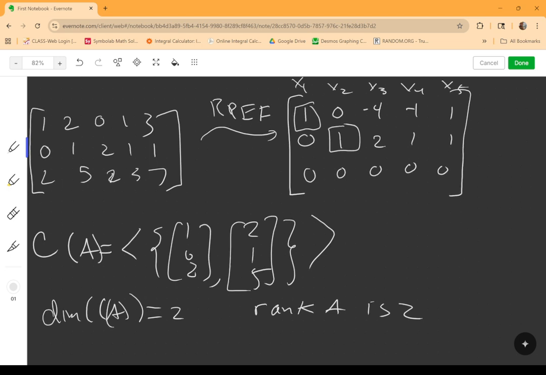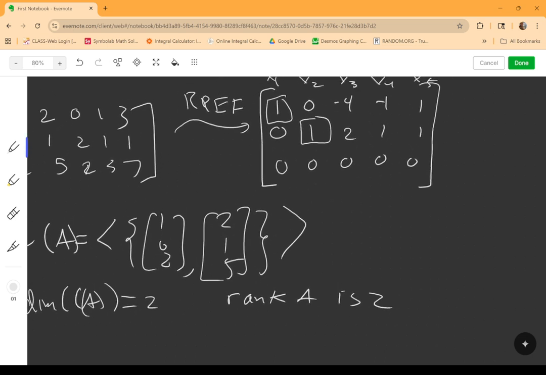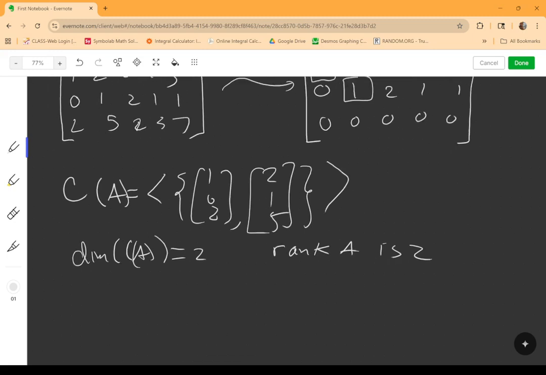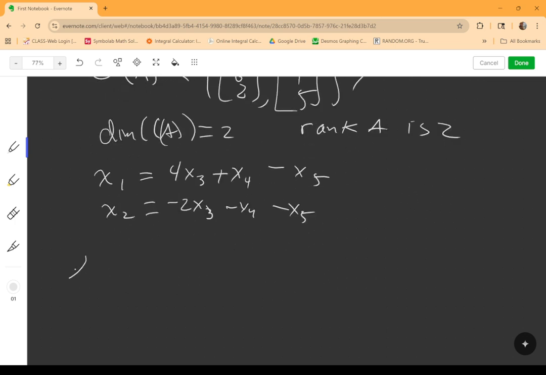Those are going to make up the elements in our null space, because I can write x1 as 4x3 plus x4 minus x5, and x2 as negative 2x3 minus x4 minus x5.